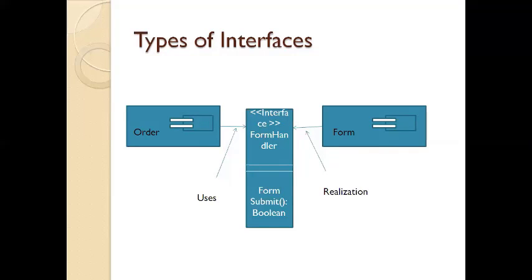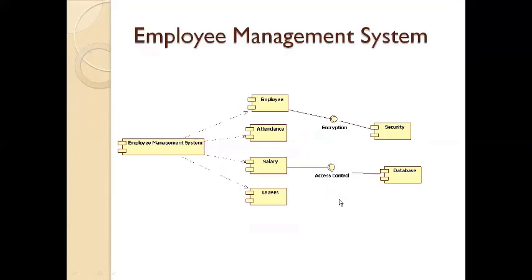This first component, the order component, is requesting the service from the form component, in this way using the services which are provided by the form component. This is the employee management system.